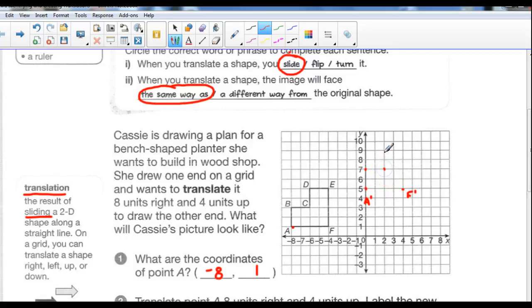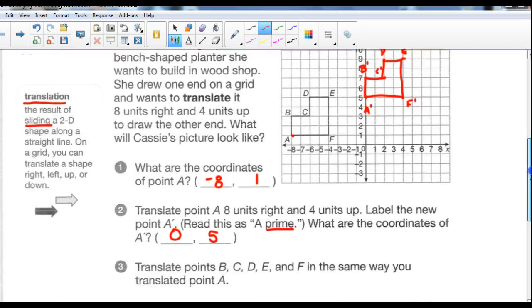So go ahead and do that, and then we can label them B prime, C prime, D prime, E prime, and then just connect the dots. Here, use your ruler. I don't have a ruler with me. Hard to use a ruler with this program. Okay, there's a rough drawing of it, but there is the translated object.